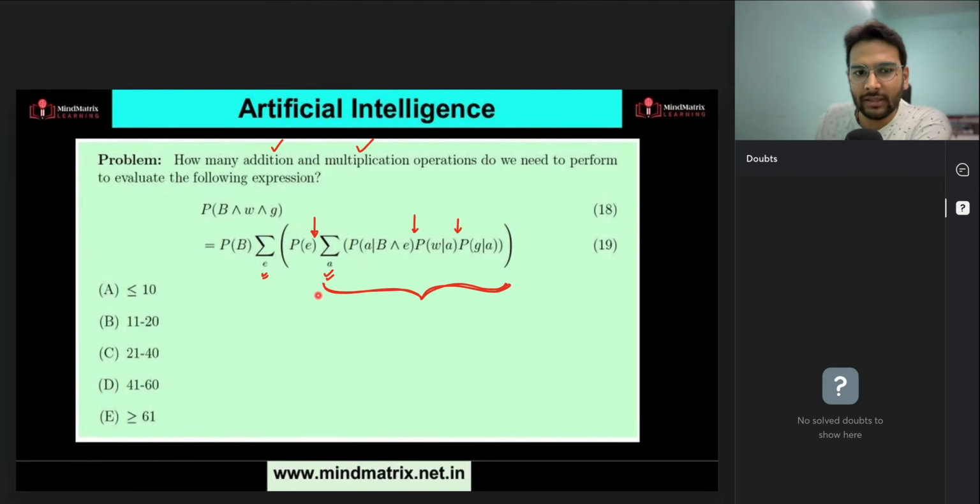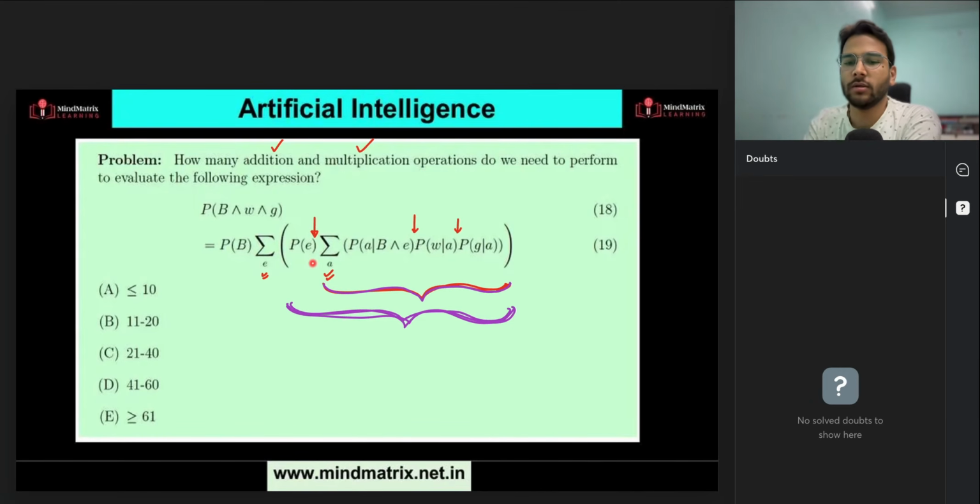Are you getting it? This entire thing, let me just denote it like this. As you are summing over E, this entire thing will be added twice because E is equal to 0, E is equal to 1. So once if you add this, plus again when E is equal to 1, then again you are going to add. Inner operations are taking 5. So 2 into 5 plus 1, this multiplication also, right?